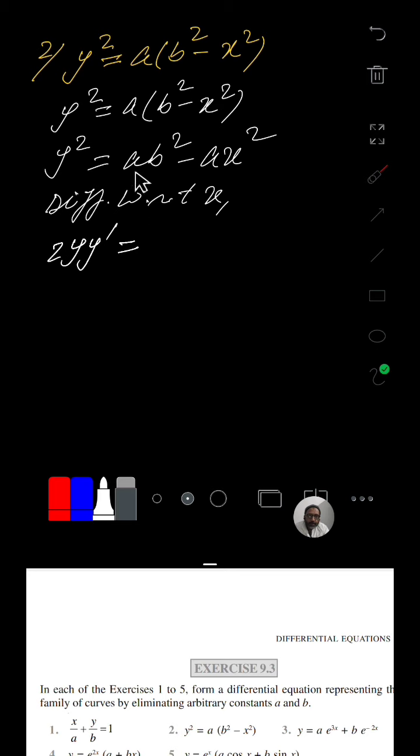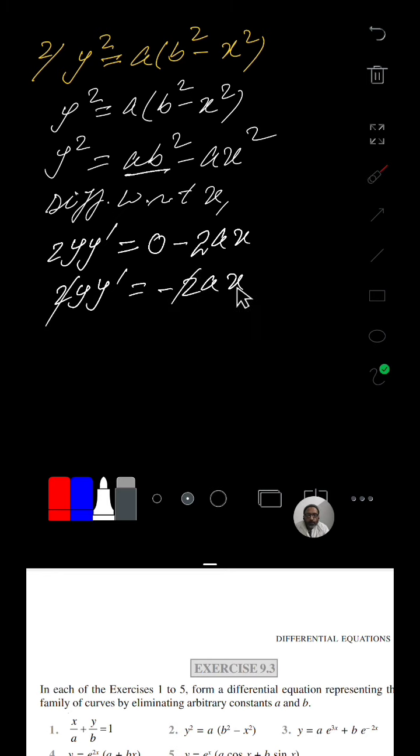On the right hand side, this term is constant, so its differential is 0, minus differential of this term will be minus 2ax, because a is constant coefficient and derivative of x square is 2x. So 2y y dash is equal to minus 2ax. Now 2 is cancelled by 2 and transposing x to the left hand side, we get y into y dash upon x is equal to minus a.